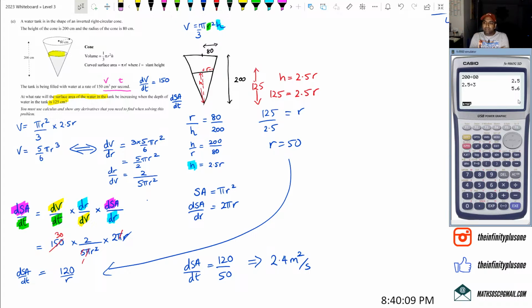Yeah, so Mel, this is what I do with the triple threat rate of change questions. There's a lot of them in the past papers, and I've done a few. If you have a look at them, you will find that I use this method a lot. I go, what have we been given? What are we looking for?